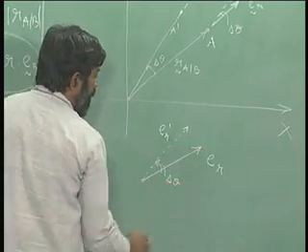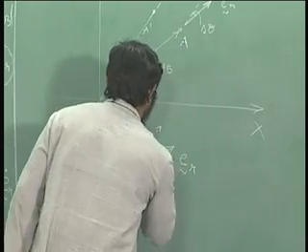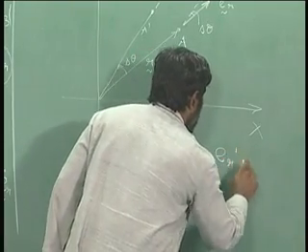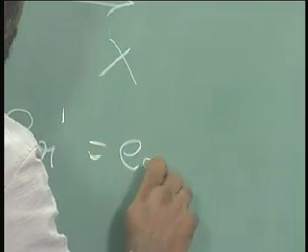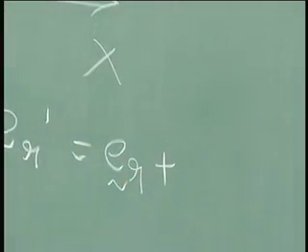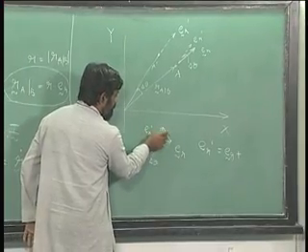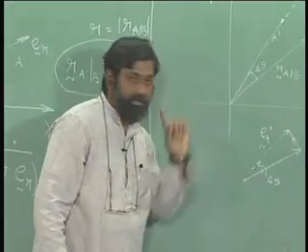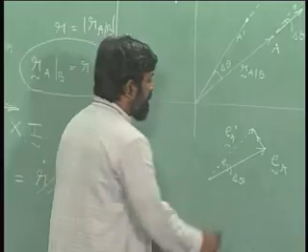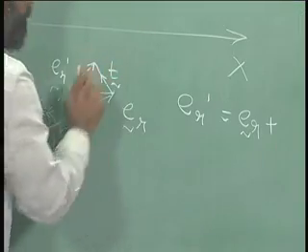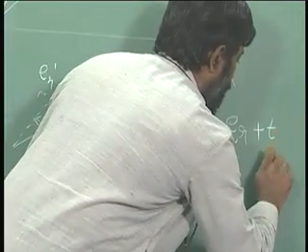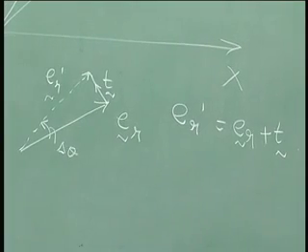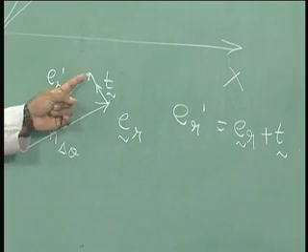If I have to find out ER prime, ER prime is nothing but ER plus a vector that joins this. You agree with me? ER plus a vector that joins this. So, let me take this vector as T. Do I know the length of this vector?